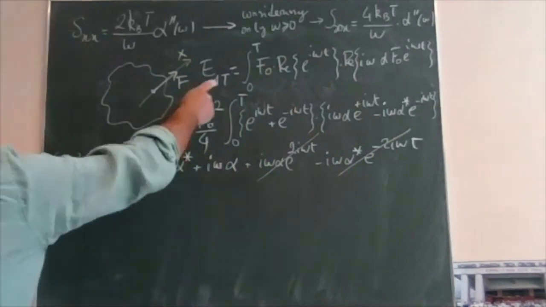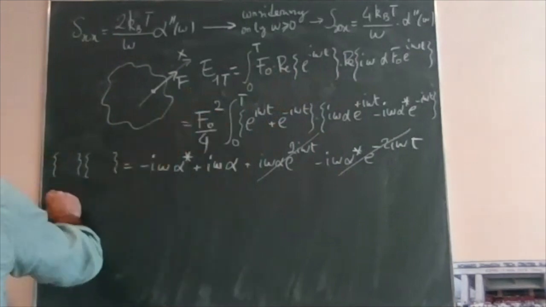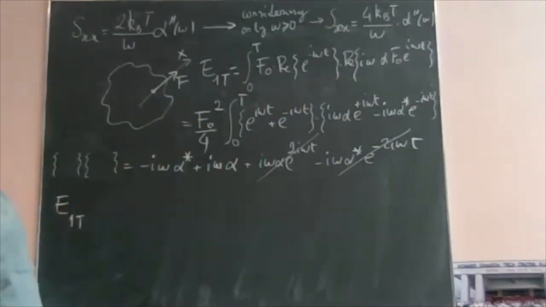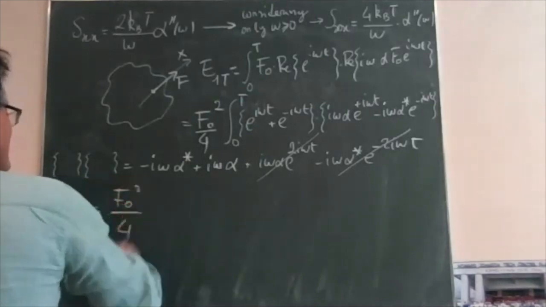Therefore, we put this result in there. The energy in one period is F naught squared divided by 4.